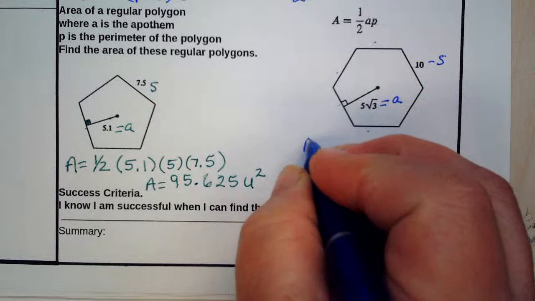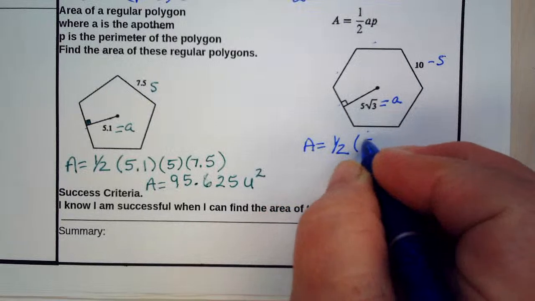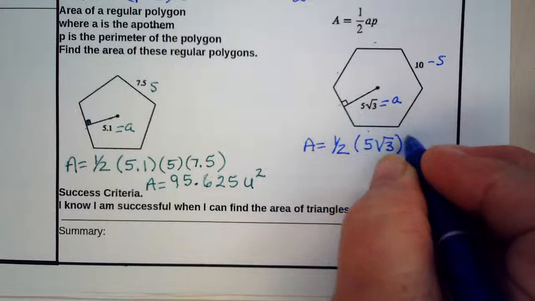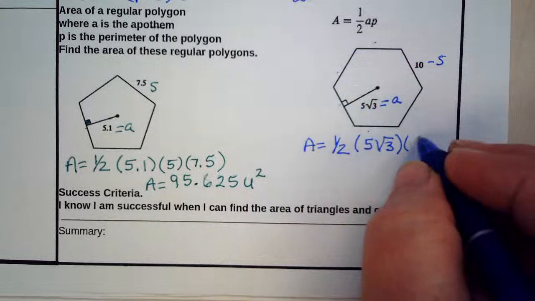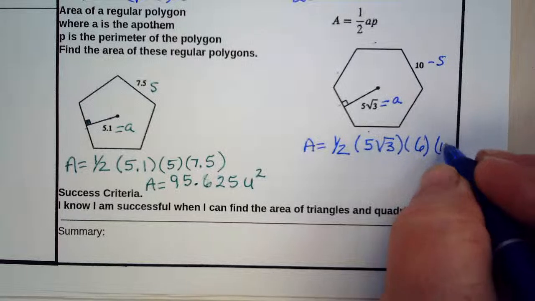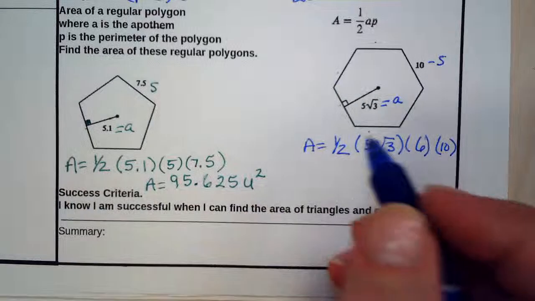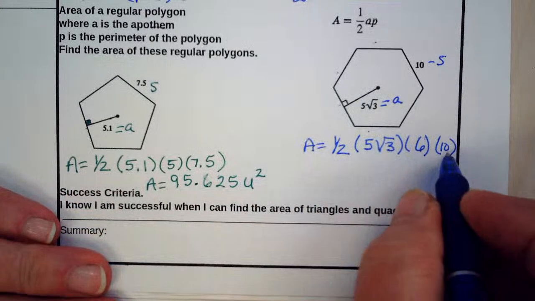Putting it all together, my area is equal to 1/2 of 5 square root of 3 times 6 times 10. Now, I need to multiply 1/2 times 5 times 6 times 10.